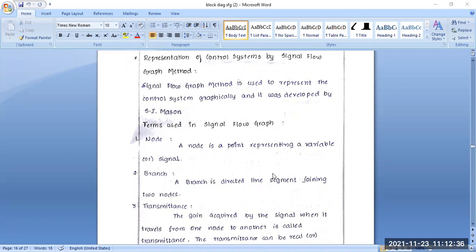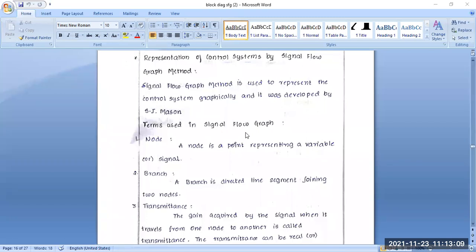Okay, so let's start. We have discussed in the last classes the block diagram reduction technique. In a big or enlarged block diagram there are different types of blocks, different types of summing points and takeoff points, and feedback loops also present.